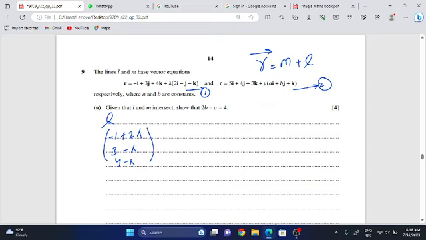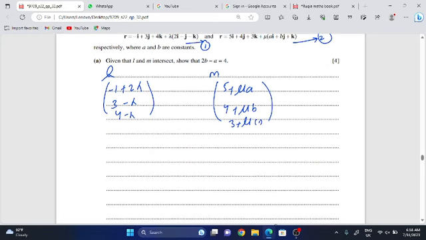The second equation shows me the M, and from this one I can say it would be 5 plus mu times a, 4 plus mu times b, and 3 plus mu times 1. So that gives me L and M.